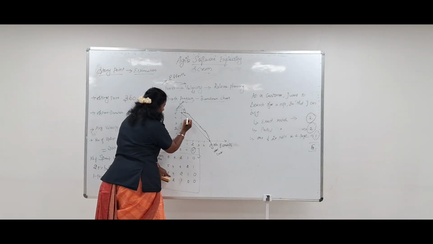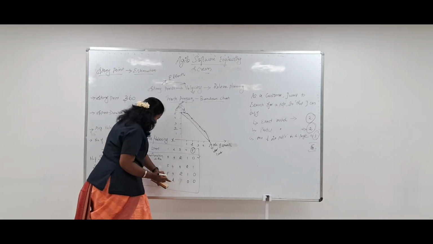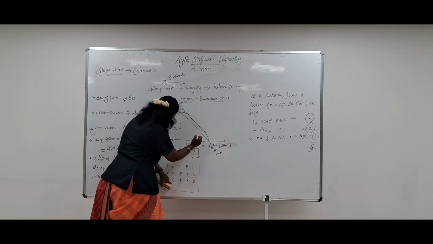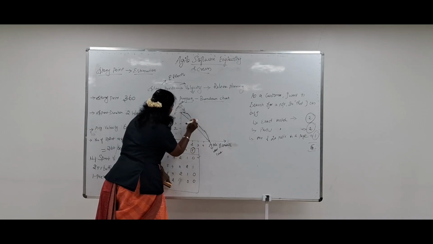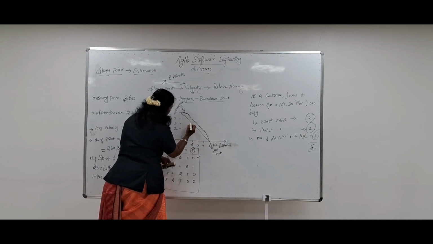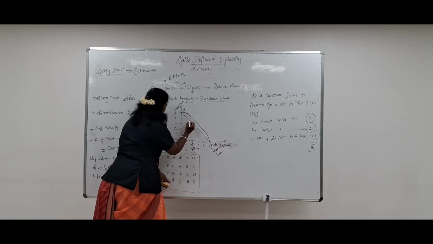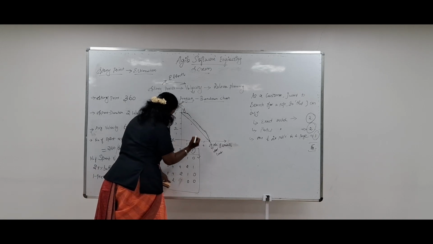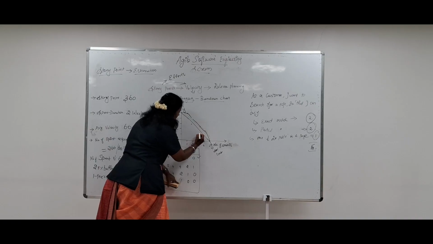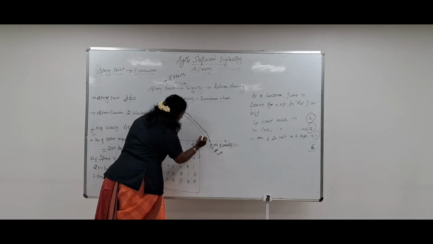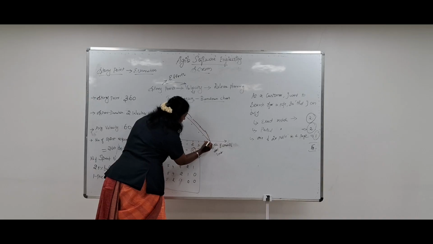In the second scenario, the values go 5, 4, 3, 2, 1 and then 0.